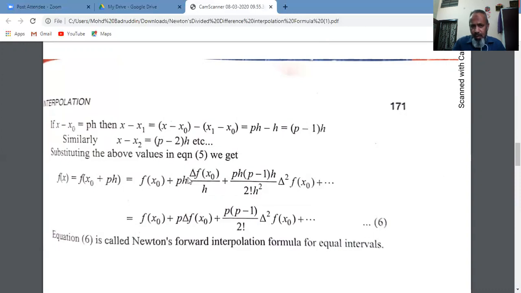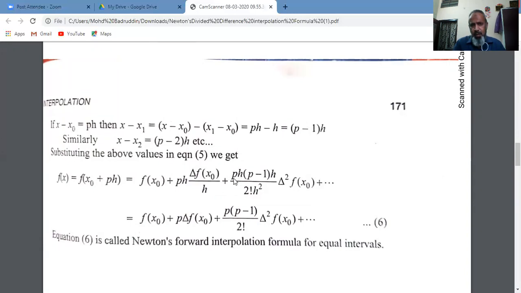Delta f of x naught, so this is (x minus x naught), x minus x naught is ph, into the first divided difference. So the first divided difference f of x naught comma x1 is delta f of x naught by h.